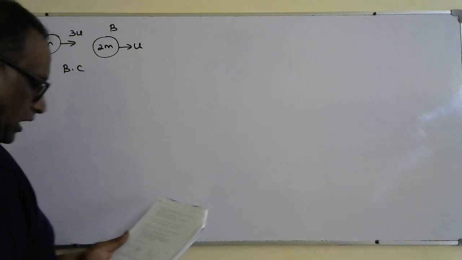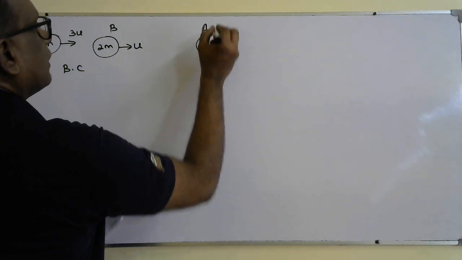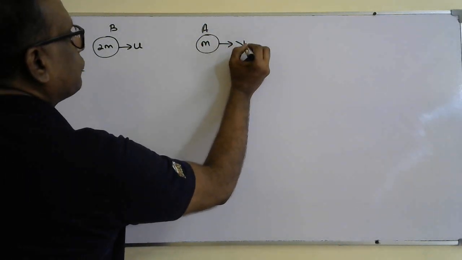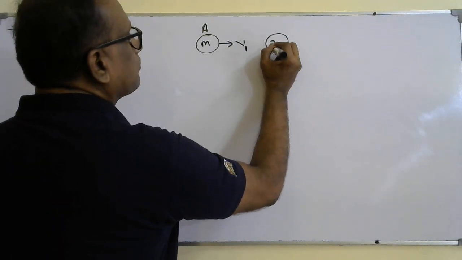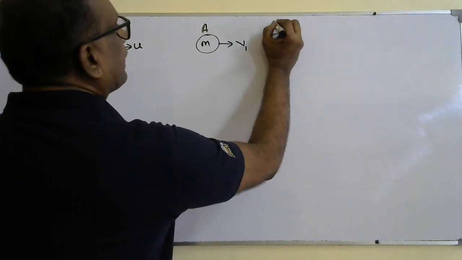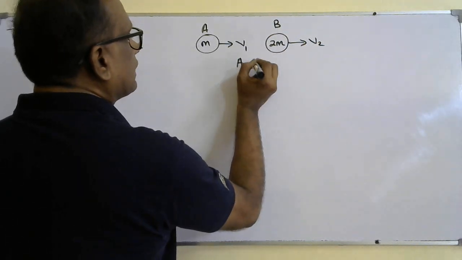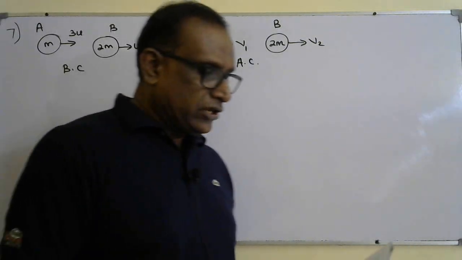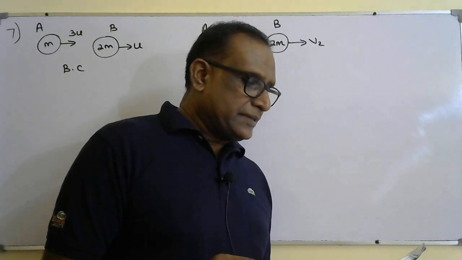After collision, A, mass m, moving at v1, we don't know, we are going to find it. This is 2m, B moving at v2 after collision. So the question is, A part, show that the speed of B immediately after collision is (5 plus 2e)u over 3; find the speed of A immediately after.